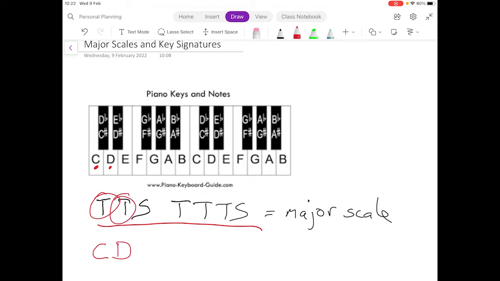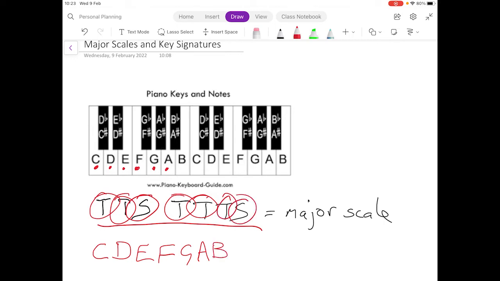Now we go a tone up from D, 1, 2, E. Now we go a semitone up from E, so that would be E to F. Then we've got a tone, 1, 2, up to G. Then a tone from G, 1, 2, takes us to A, another tone from A, 1, 2, to B, and then finally we've got a semitone up from B, which takes us back to C. And once we get to that first letter again, that's our major scale complete, okay?